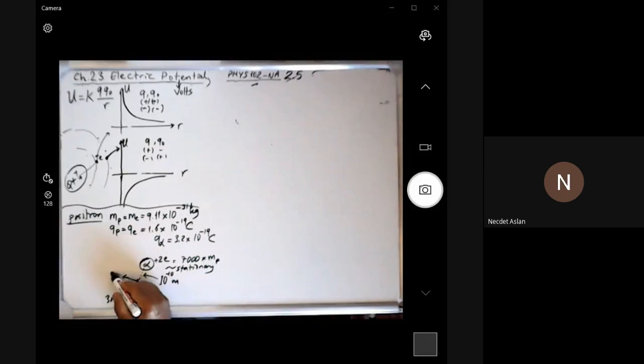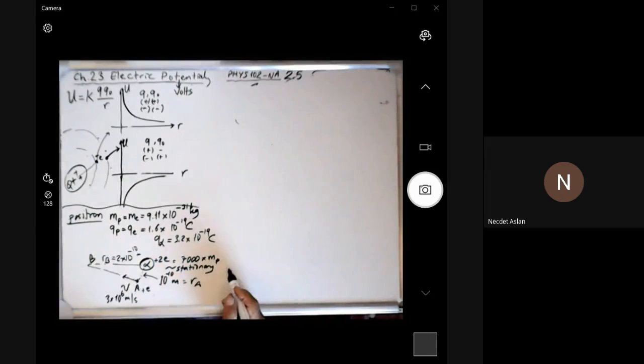This electron moves obviously here to point B. This is point A. In this case, the distance between the two charges at B is given as just 2 times 10 to the minus 10 meters. So this is RA and this is RB. So 2 different distances are given, as you see.